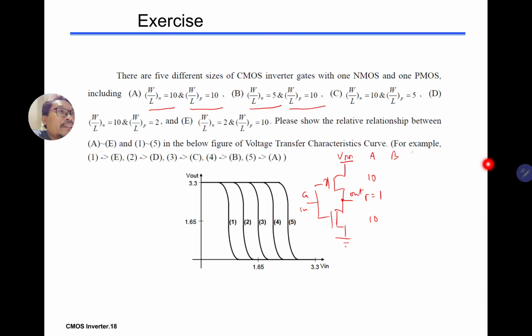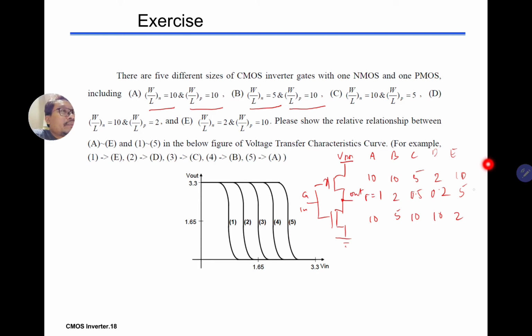For B, you have 10, 5, and for C, 5, 10, and D, 2, 10, and E, 10, 2. So your ratios are 2, 0.5, 0.2, and 5.